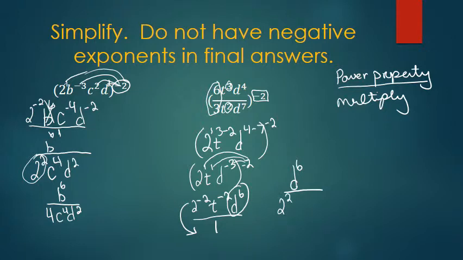And the t to the negative 2 also has to move down. So that becomes t squared. Now my final answer is going to be d to the 6 over, I'm going to square that 2, so 2 squared is 4t squared. So again, that's your final answer, and notice there are no negative exponents.